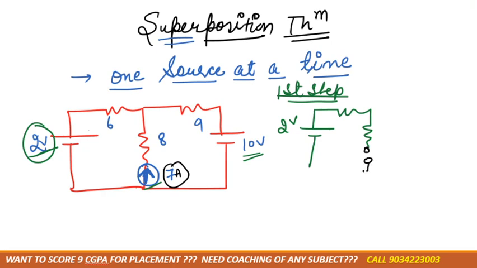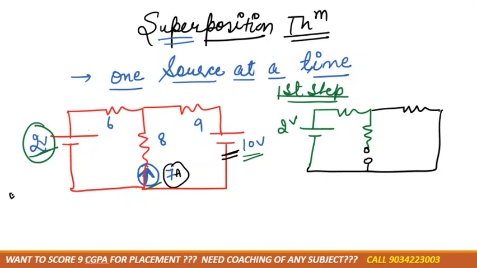When we need to remove it, then it would be open circuit. Okay, then again 9 ohm, then this 10 volt should be short circuit or open circuit? Tell me. It's your relative, so would it be open circuit or short circuit? Okay, so this would be the first step.